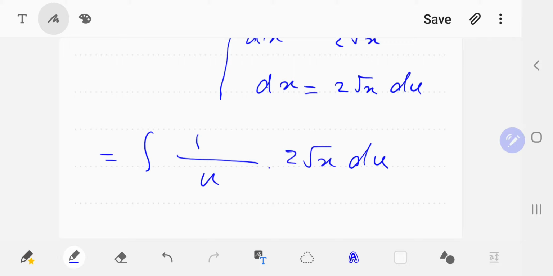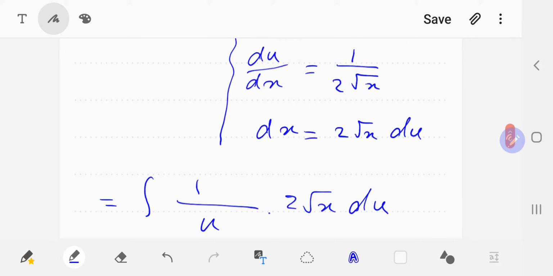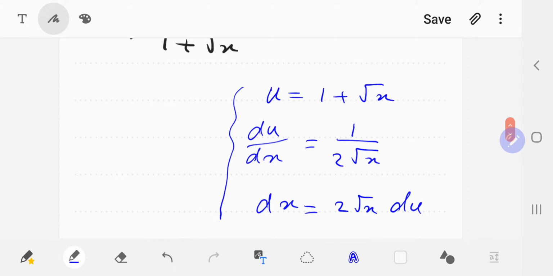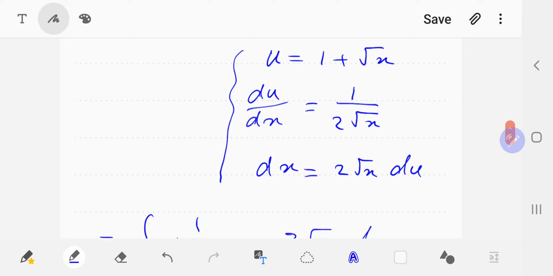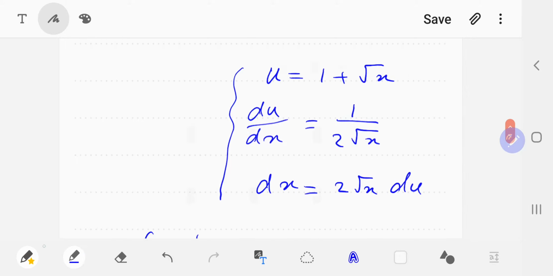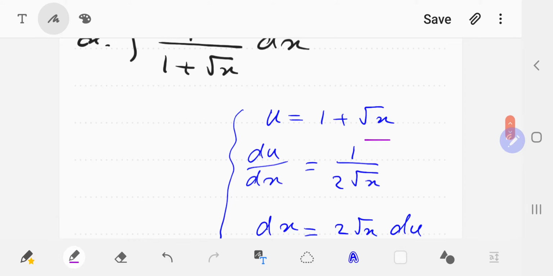There is a problem, and we have introduced this problem before, but in a simpler question. We have 2 radical x that cannot be simplified with anything. So what should I do? If you remember, I talked about such an idea before. We have radical x here, so solve for radical x.